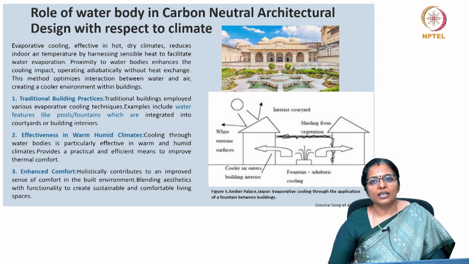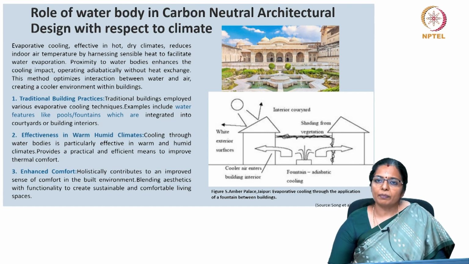So, if you look at traditional building practices, traditional buildings have always employed various evaporative cooling techniques. Examples include water features like pools and fountains, which are integrated into courtyards or building interiors. The effectiveness in warm, humid climate looks at cooling through water bodies as particularly effective in certain conditions.